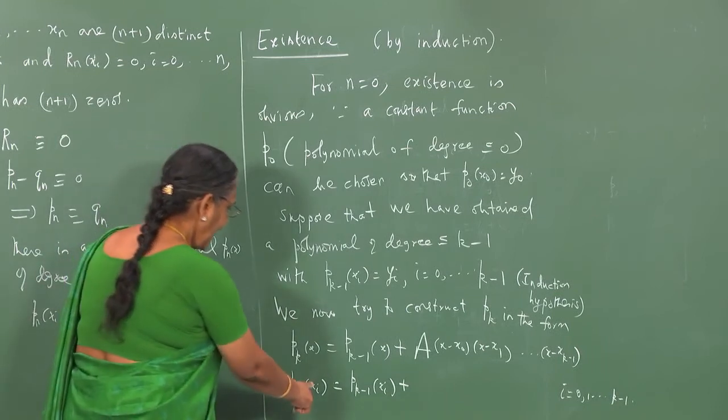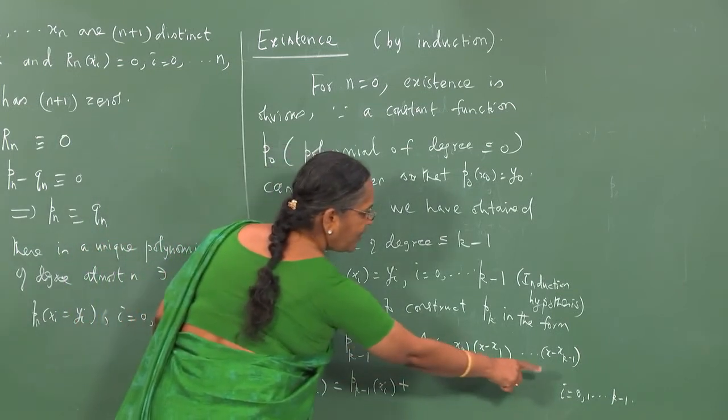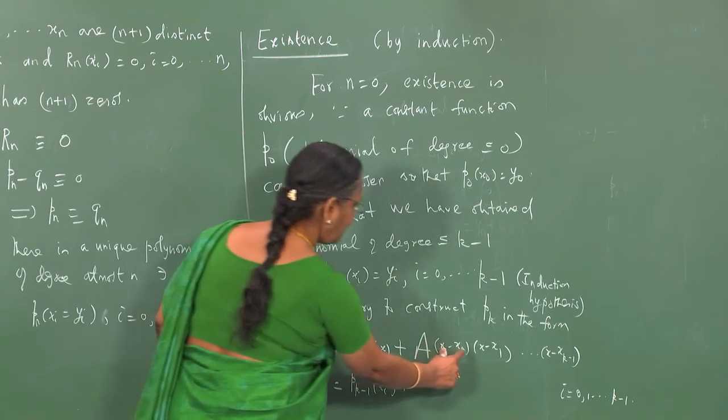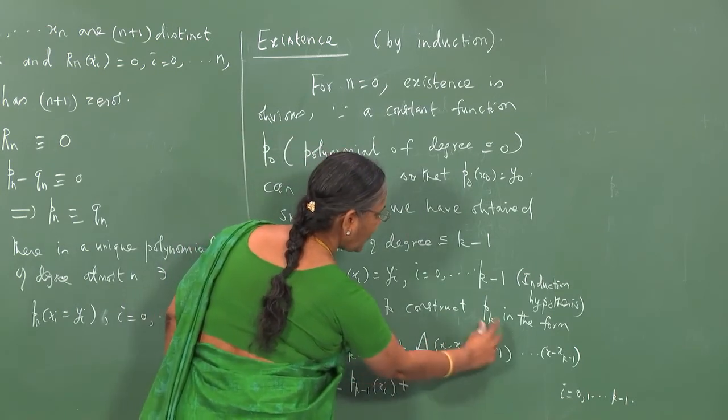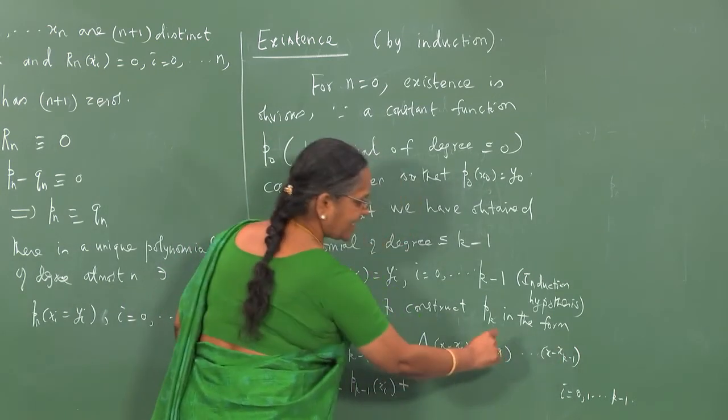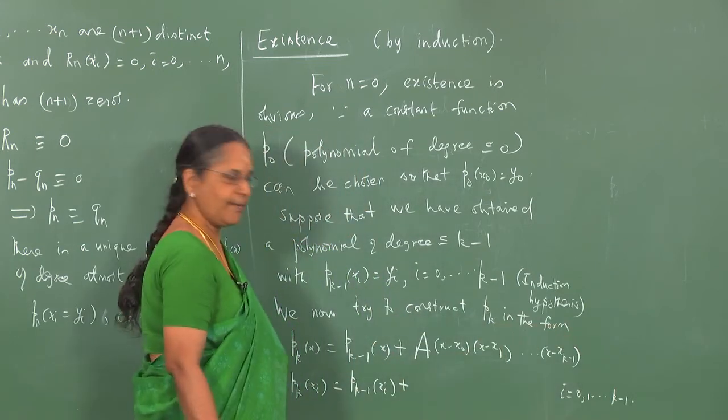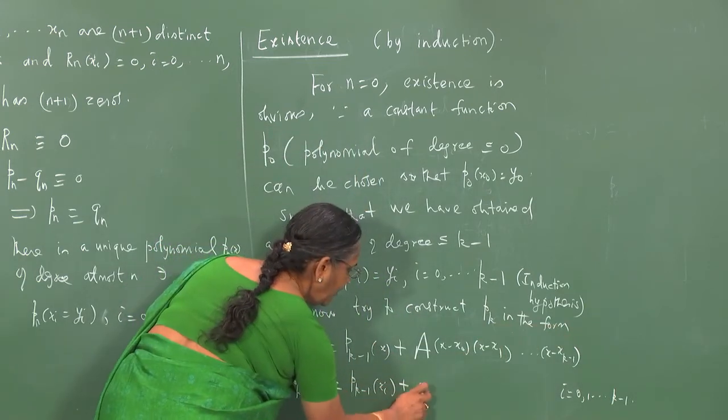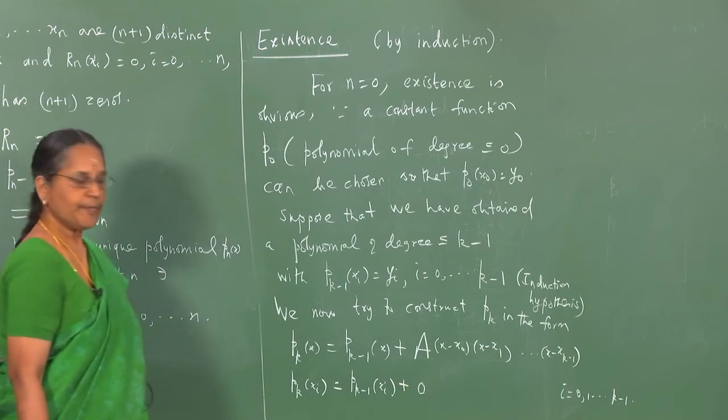So, when x is xi for i between 0 and k minus 1, I observe that the extra term has factors x minus xi for i equal to 0 to k minus 1, and therefore, this will give you 0.